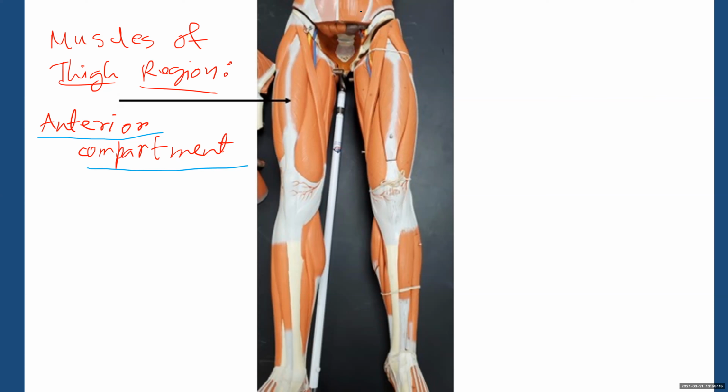Okay, so again, just a quick recap. Here we have the most critical abductor, the tensor fasciae latae. This whole whitish band that you are looking at is the iliotibial tract or band.